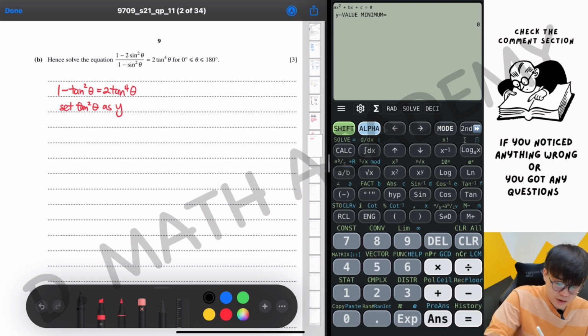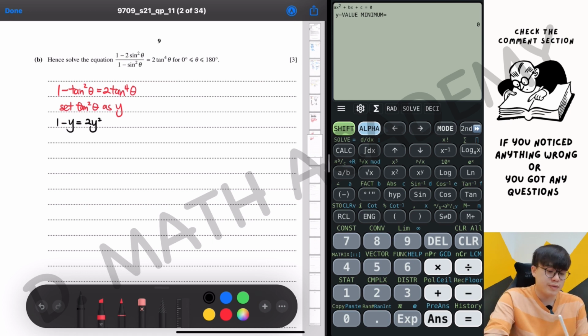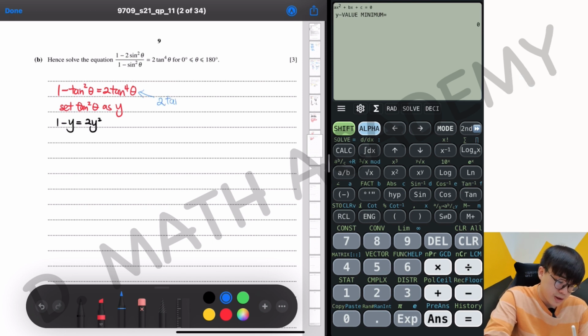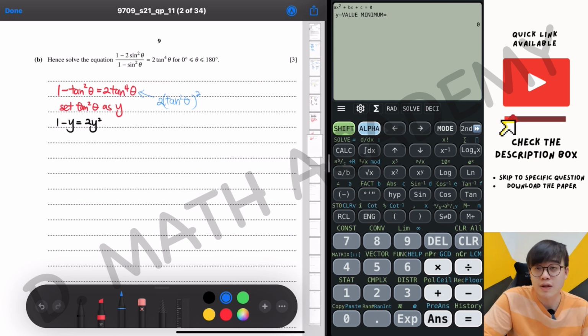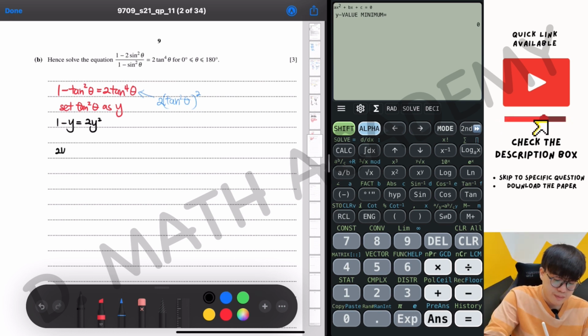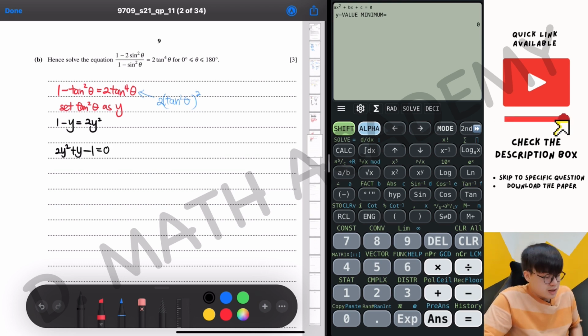Okay, so by doing so, you actually have this and then a 2y squared. Reason behind, I'll write it over here. So this thing here can be written as tangent square theta, and then there's a square outside of it. So that's how you make everything into simpler form where you can run the calculation much easier.